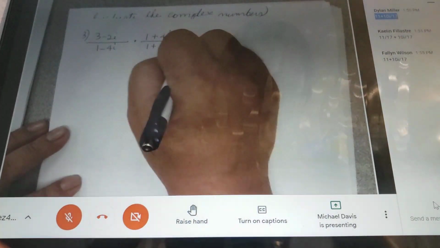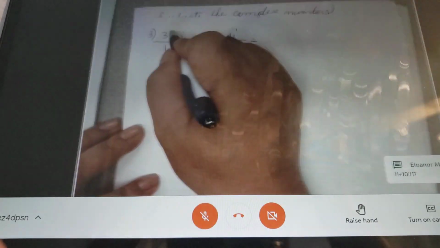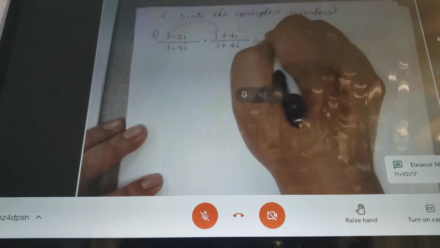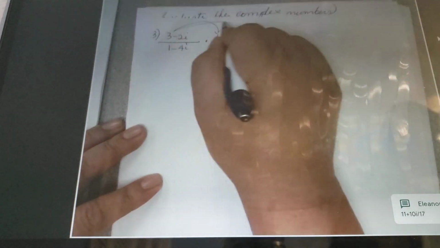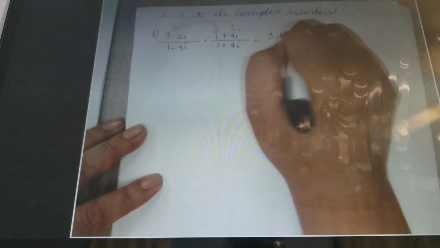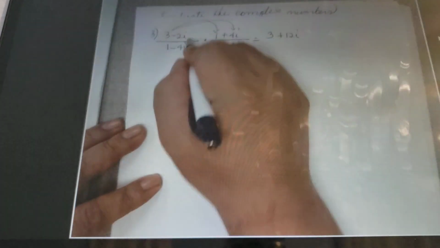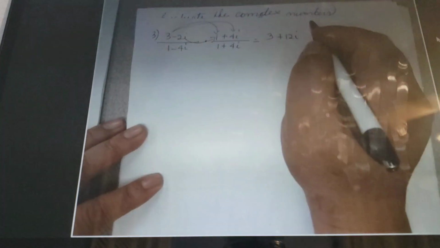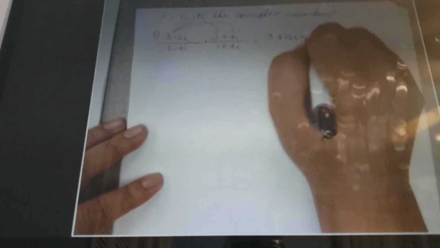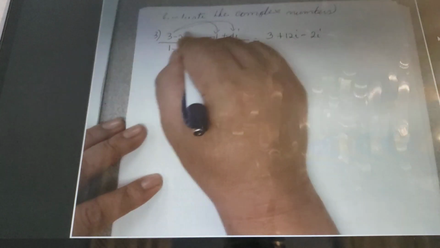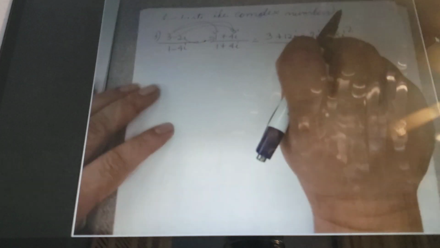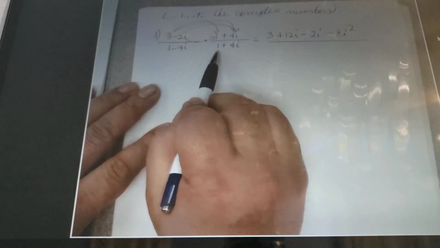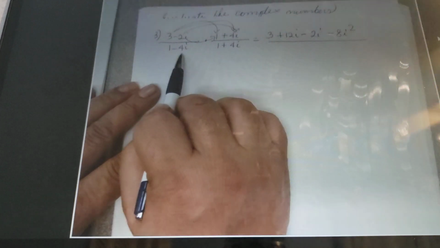Okay. So we have to multiply this 3, and then this one, 12i, and then this one, negative 2i, and then this one, negative 8i squared. As you can see, we have the same first term and the same second term.